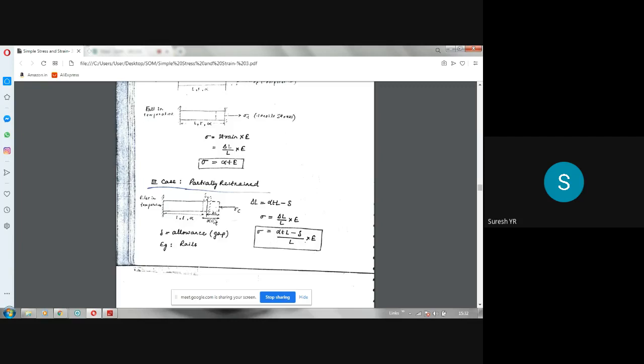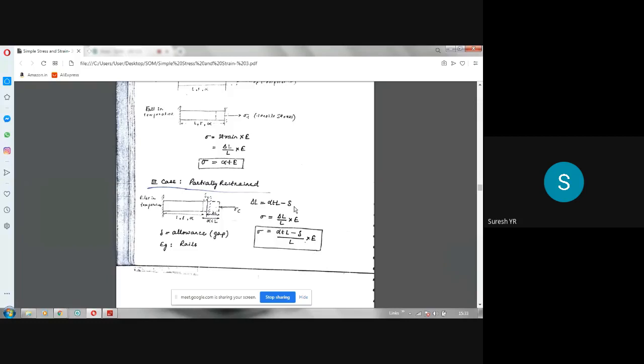Alpha TL is from here to here, whereas the actual delta L is only this much, from here to here. Please see the diagram clearly. Alpha TL is from the fixed end to the free end. So what is the relation then? Delta L is equal to alpha TL minus small delta.